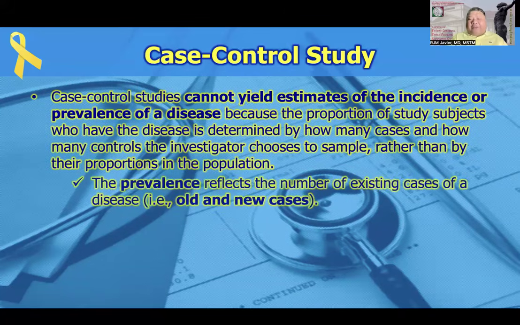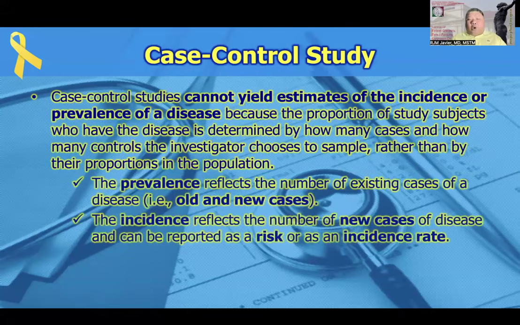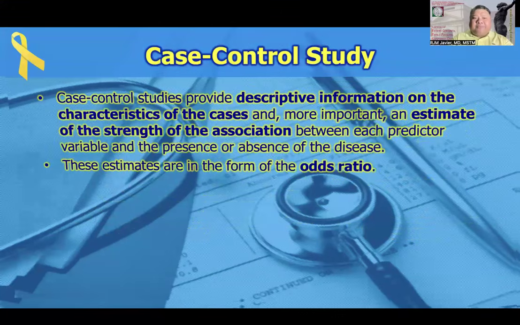Just to reiterate what I've mentioned earlier on, prevalence refers to the number of old and new cases, while incidence rate only reflects the new cases of a disease and can be reported as a risk or as an incidence rate. So, unfortunately, one of the weaknesses of case control studies is that there is no ability to estimate the incidence rate or prevalence rate of a disease.